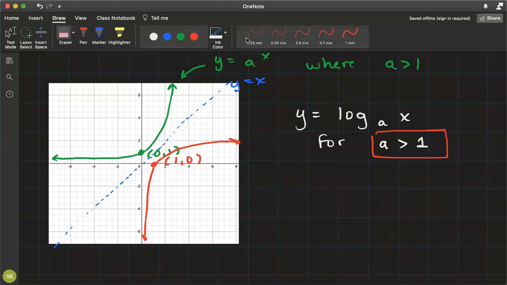Okay, so some things to notice about the graph. First off, this graph, y is equal to log base a of x, is 1 to 1. If I use a horizontal line, I'm only going to hit this graph one time.